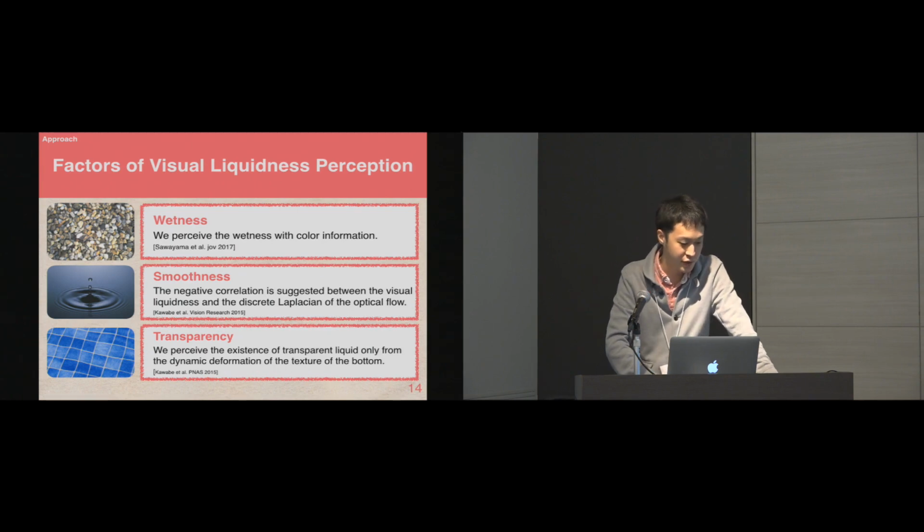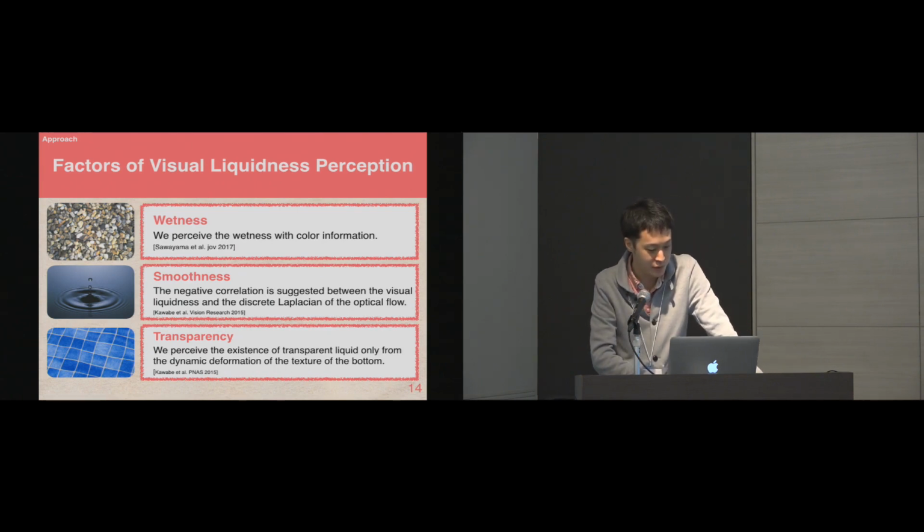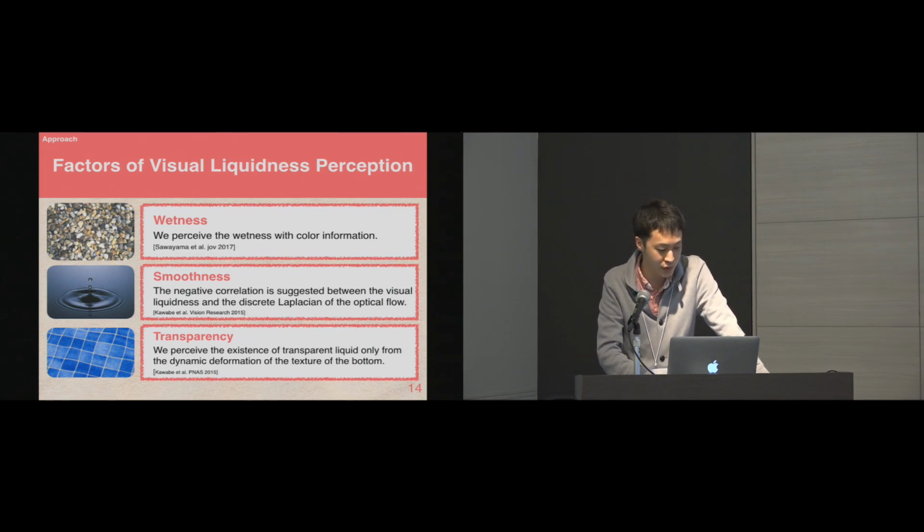In this research, we assume the visual liquidness impression is composed of three elements: wetness, smoothness, and transparency. Sayama showed we perceive the wetness impression of object surfaces using color information through psychophysical experiments. If the saturation and luminance of the surface are improved, the wetness impression will be also improved.